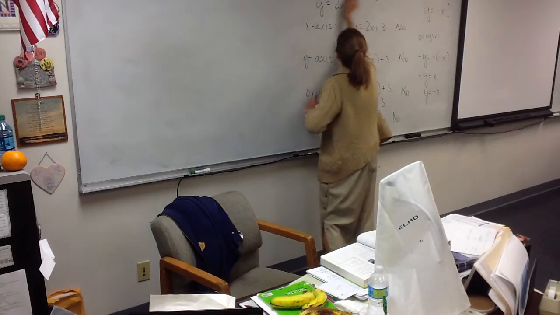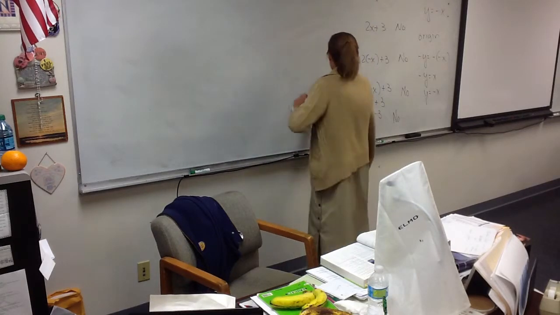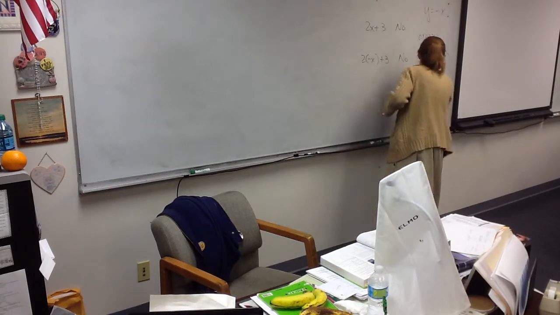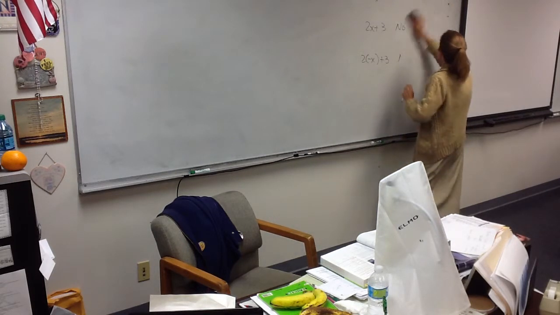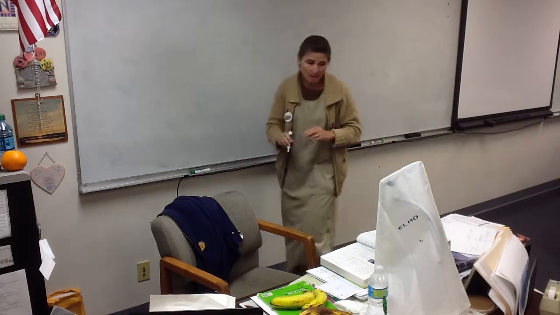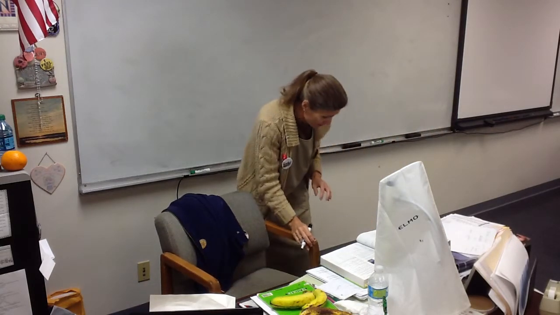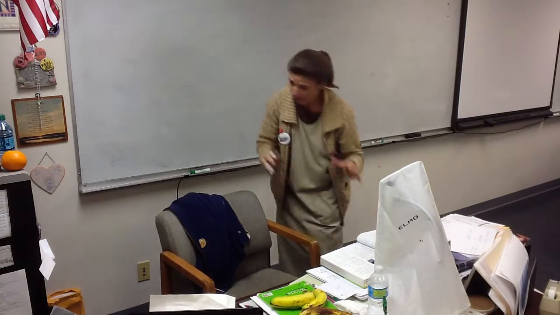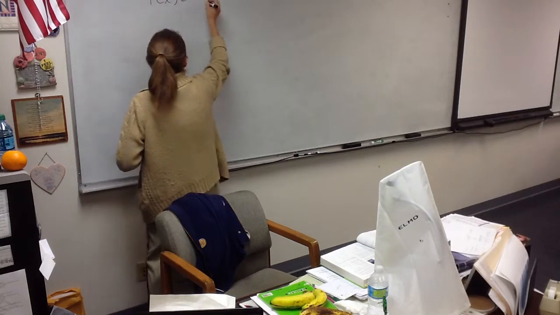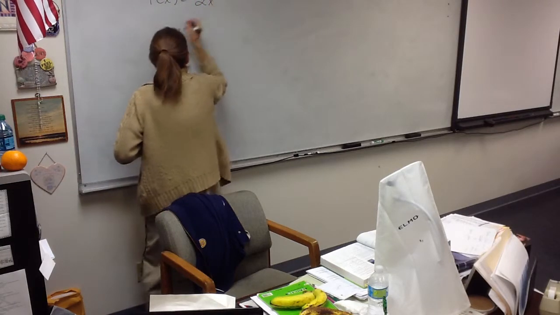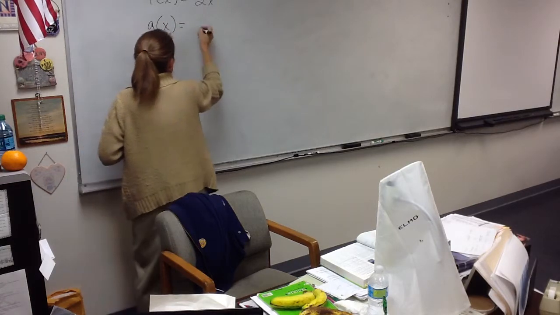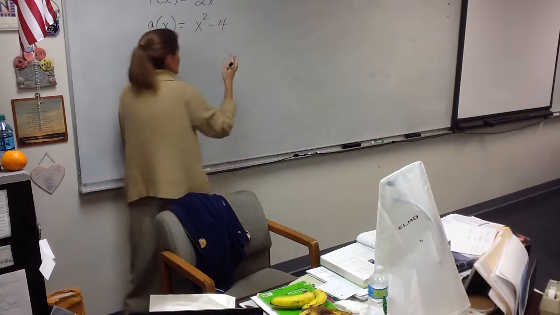We're going to touch base real quick about putting functions together. This is not a complicated idea, but the way they do it in the book, it seems a little complicated, so I just want to make sure you're clear on what you're doing. Let's say we have a couple of different functions. F of x is 2x and g of x is x squared minus 4, we'll say.